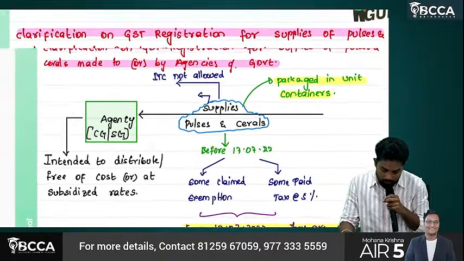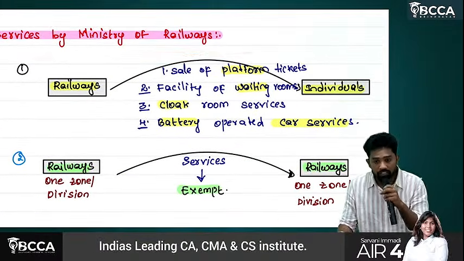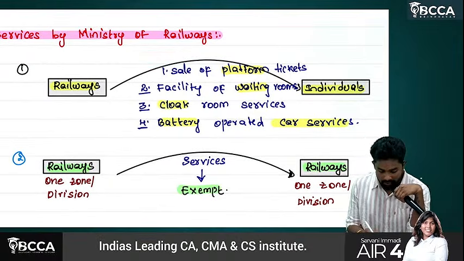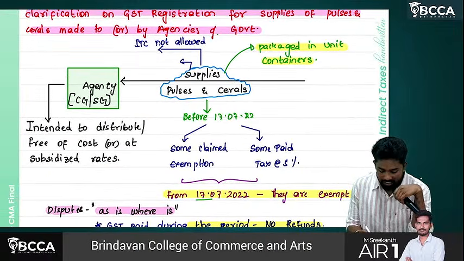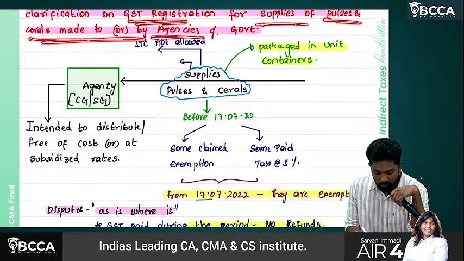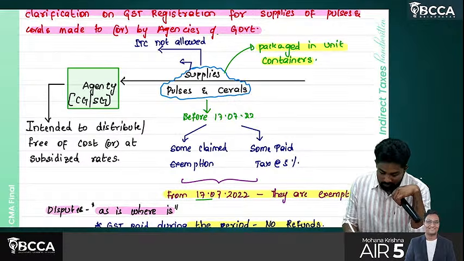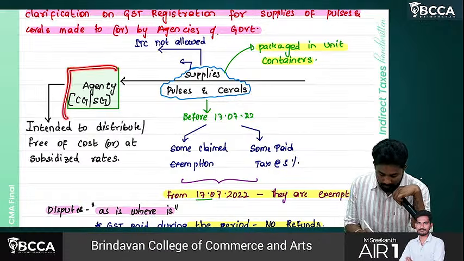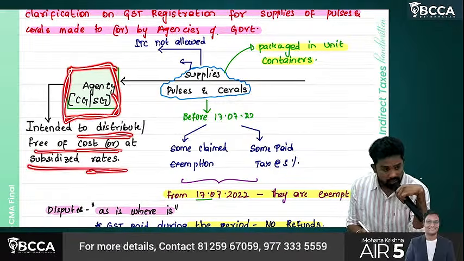Then we are moving on to the next one, sir. Services by the Ministry of Railways. When railways sell platform tickets... This one, sir, if you see here, is the clarification on GST registration for supply of pulses and cereals made to or by agencies of government. See here, this is an agency intended to distribute free of cost or at subsidized rates.